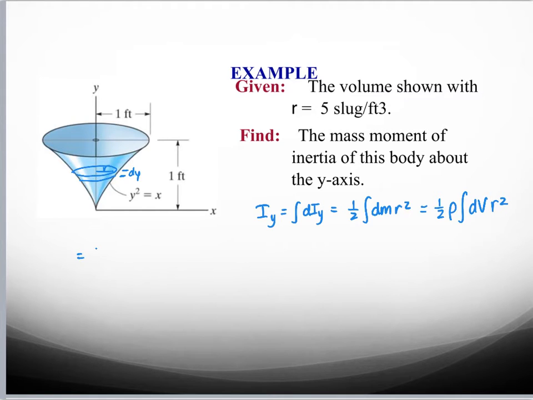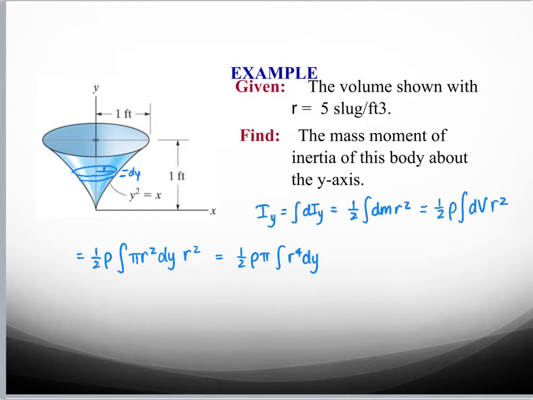And the way that we would write its volume, well, it's really like a circle, so it's pi r squared, and then it has a depth of dy, and then we multiply it by r squared again. So we start collecting like terms. We have 1/2 rho pi, and then we have r to the 4th dy.